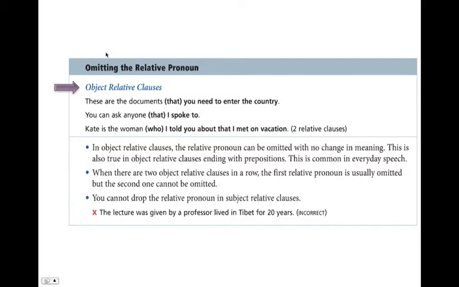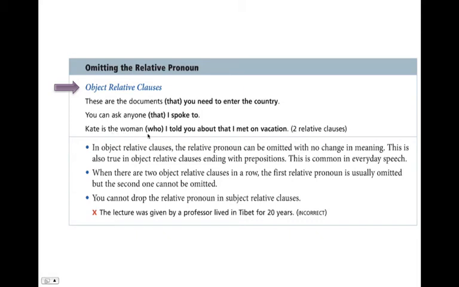Here's a third example. Kate is the woman who I told you about that I met on vacation. Here we have two relative clauses. Who I told you about is one. That I met on vacation is another. So they're two relative clauses, and they refer back to the same person or the same noun, woman. I told you about a woman. I met a woman. All right, so can we omit this one?